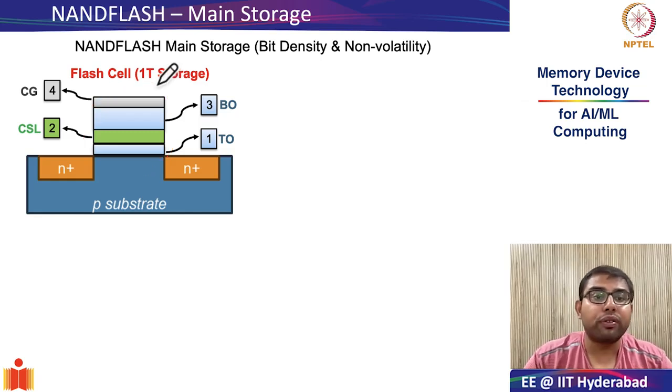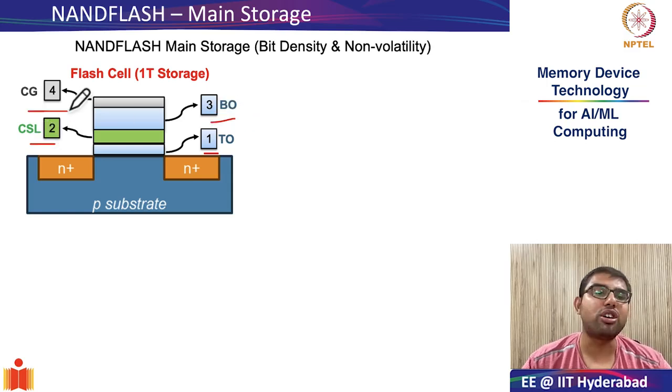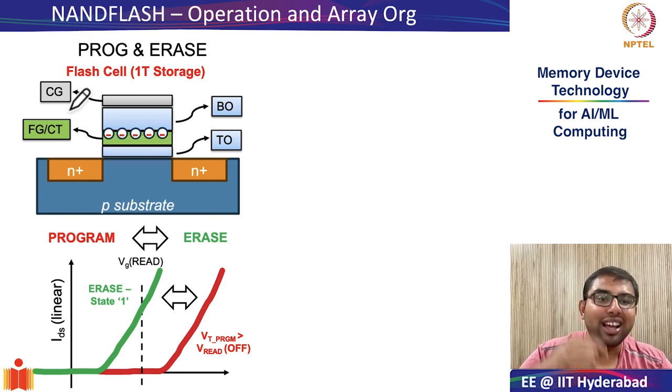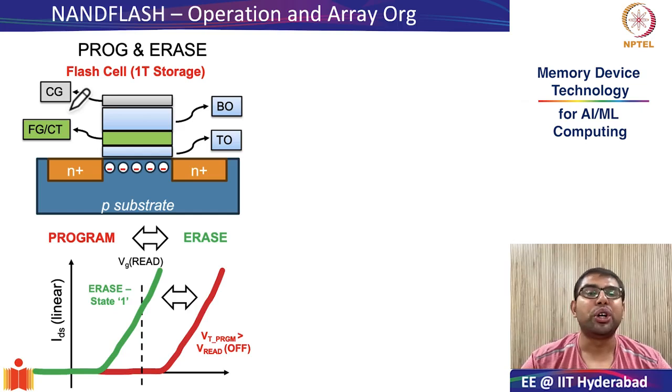So, gate stack of a logic transistor generally has just an oxide and a metal, but a flash cell has a 4-layered structure of tunneling oxide, charge storage layer, blocking oxide, and control gate. And by introducing and removing charges from the channel into the floating gate, you were able to tune the threshold voltage of the transistor.